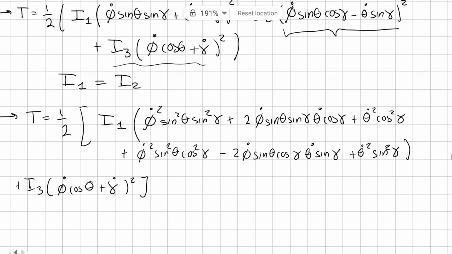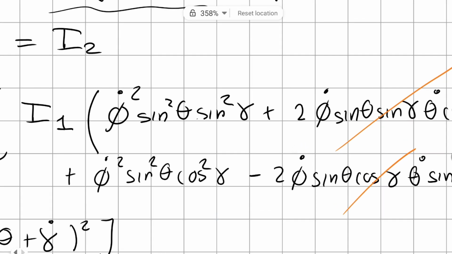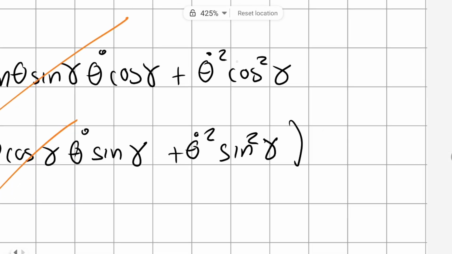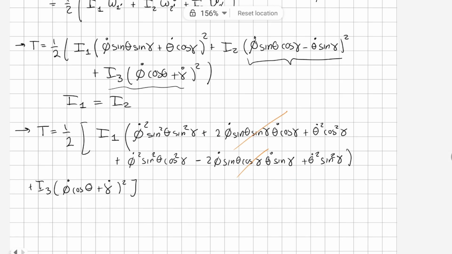So we can see easily that this element cancels this element, and here we have a common factor of phi dot squared sine squared theta, which multiplies sine squared gamma plus cosine squared gamma, so that is going to be equal to 1. And the same thing happens here with the theta dot squared common factor.